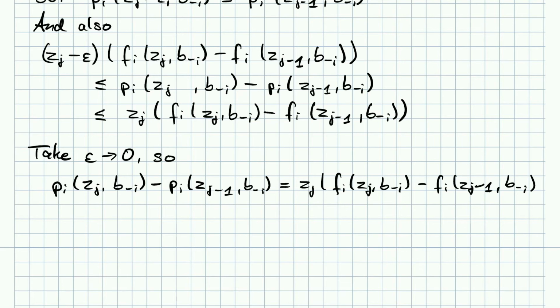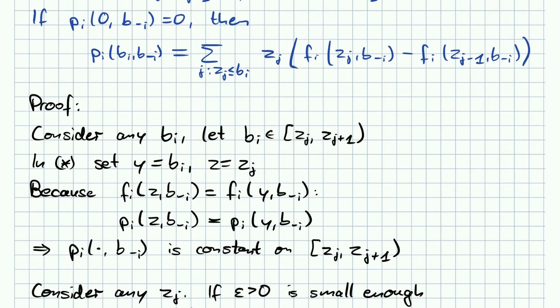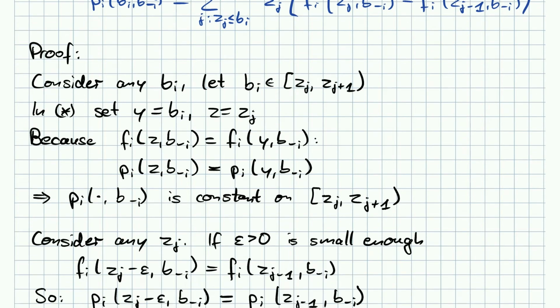And what does this now mean? This now means that the difference between the payment when we're bidding Zj and Zj minus 1 is exactly this. And now we're already there, because here this is nothing but adding up these differences.